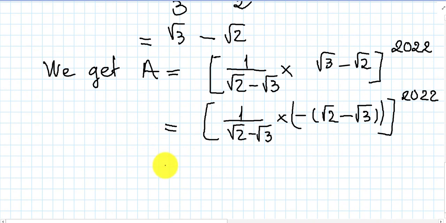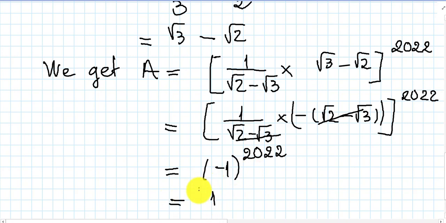And we can simplify it: square root 2 minus square root 3 cancels, and we get minus 1 all to the power 2022, and that equals 1.